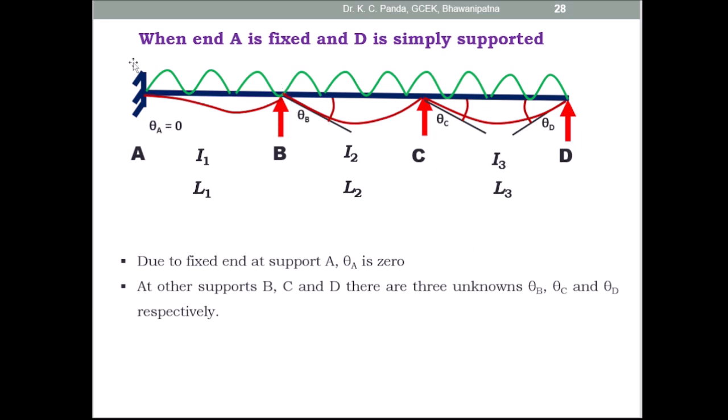So here you can find out the relative stiffness of the span AB by taking moment of inertia by length of the span, and for intermediate span BC, the relative stiffness KBC is equal to KCB is equal to I2 by L2, and at the end span CD, as the support D is simply supported, here you can find out the relative stiffness of this member is equal to 3 by 4 I3 by L3.